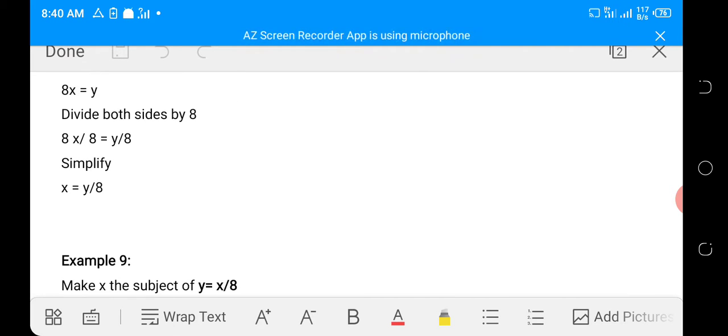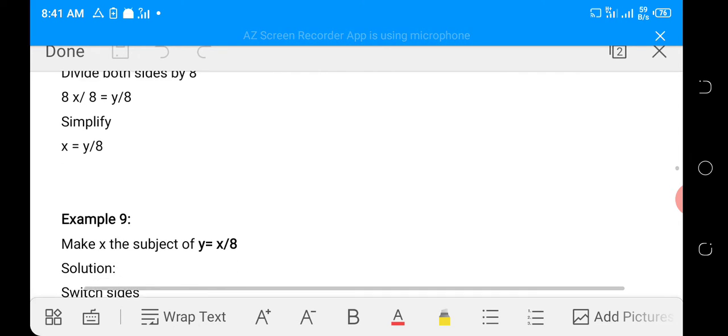Now, 8 is multiplying x here to give us y. How do we get x? So we undo the multiplication by dividing both sides by 8. So 8x over 8 is equal to y over 8. And when this is solved, we have x is equal to y over 8 as the subject of the formula.